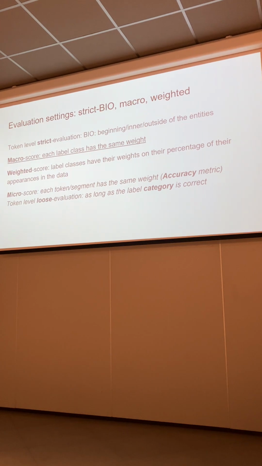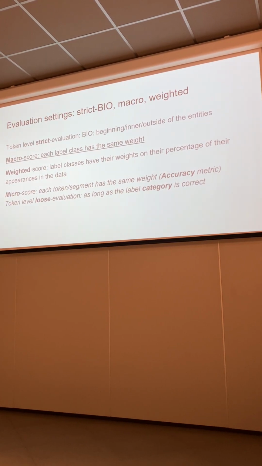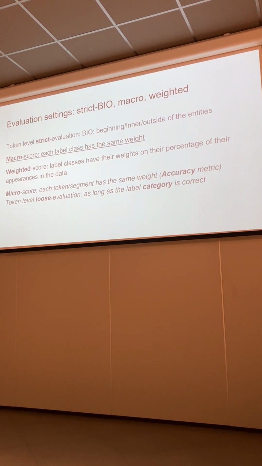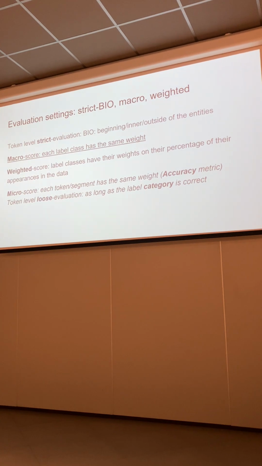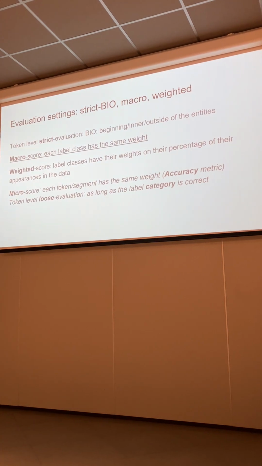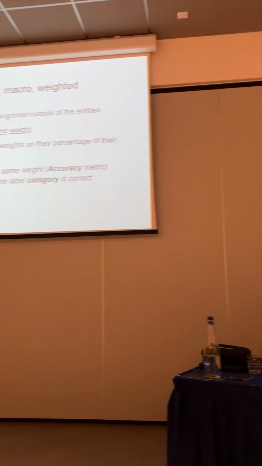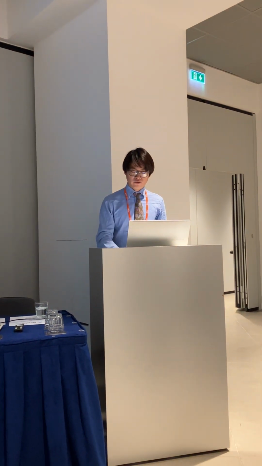But if you use a macro evaluation, this context has the same weight as a specific category. Micro actually gives each token the same weight, and weighted score weights each category according to the population, how much of the text it occupies. So depending on your specific application, you might prioritize a specific evaluation to make it more meaningful.